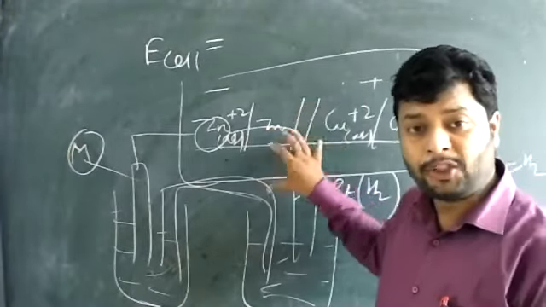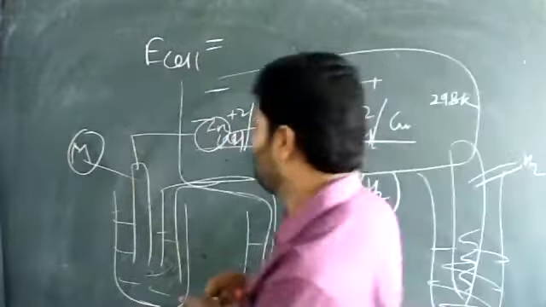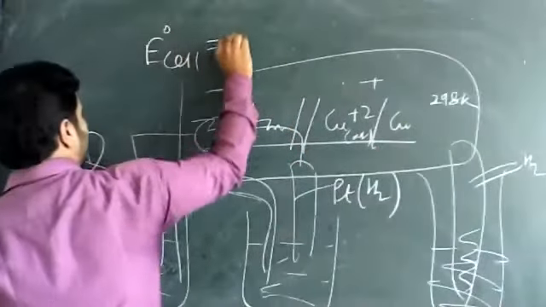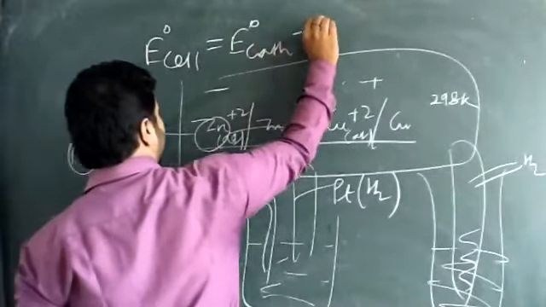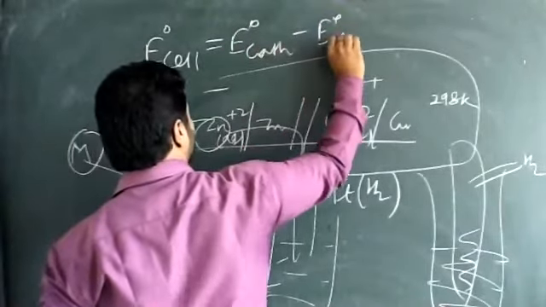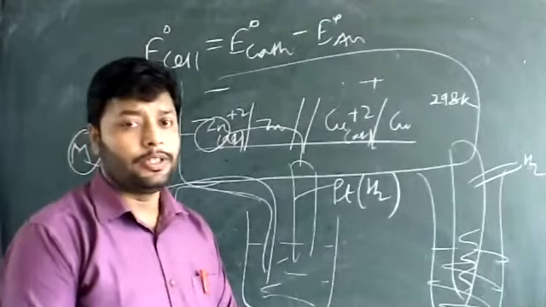That is actually the cathode, and that's why the E cell in standard condition can be calculated by E cathode minus E anode.